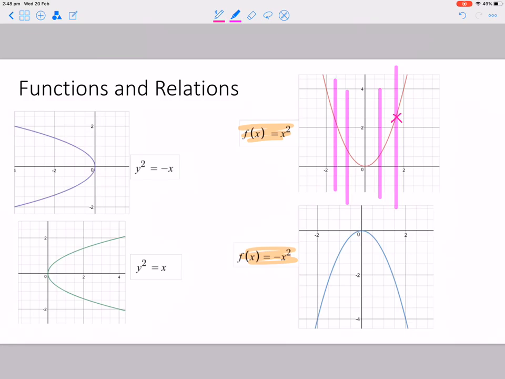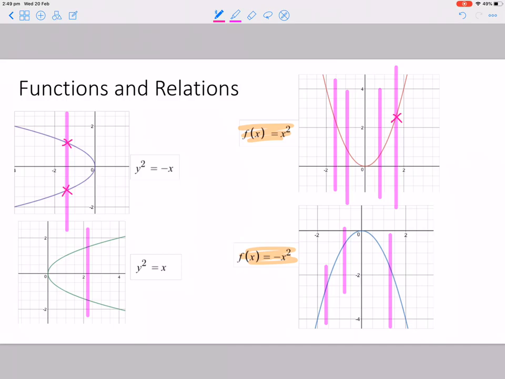Whilst this one to the left, what happens? It crosses twice. So therefore, it's not a function, it's a relation, okay? So the ones at the top and the bottom are all functions because they pass the vertical line test, and this is just a relation because it fails the vertical line test.